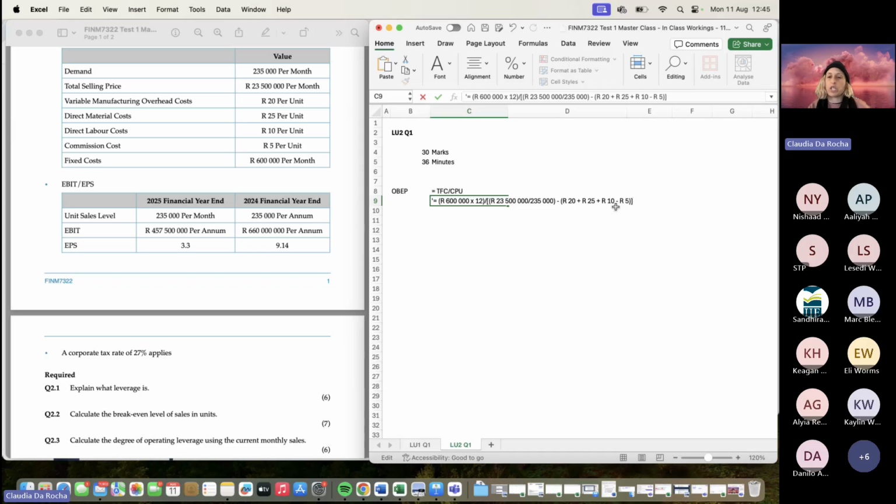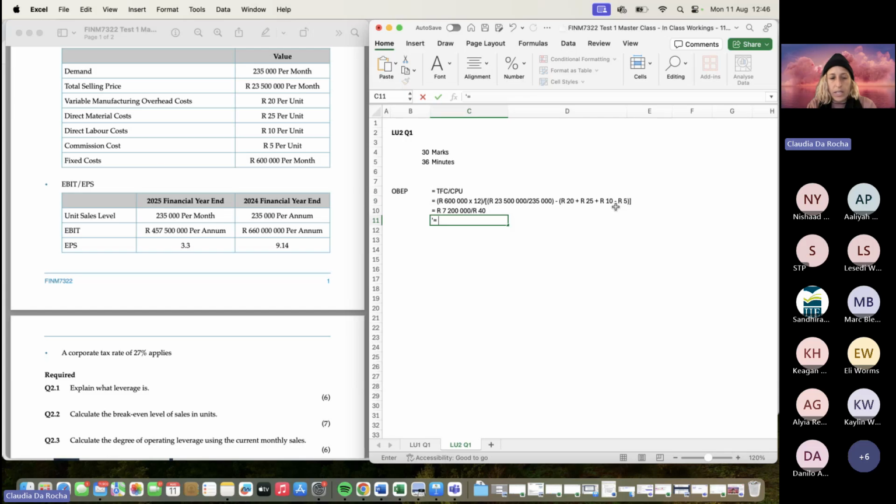And then once we have that, we then calculate our answer, divided by the 40.